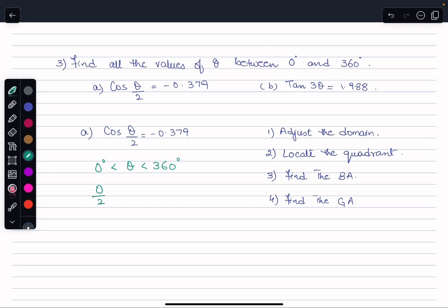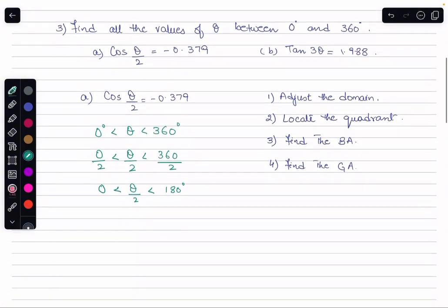So I should say it's a 0 divided by 2 less than theta by 2, which is less than 360 degrees divided by 2 here. So this means that after adjusting the domain for theta by 2, my domain is from 0 degrees up till 180 degrees. So I have to have all the angles which are within the domain of 0 till 180 degrees for theta by 2. So the first step is done.